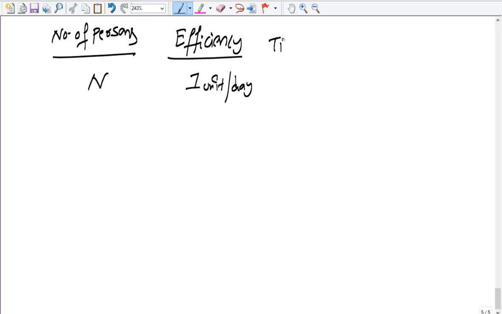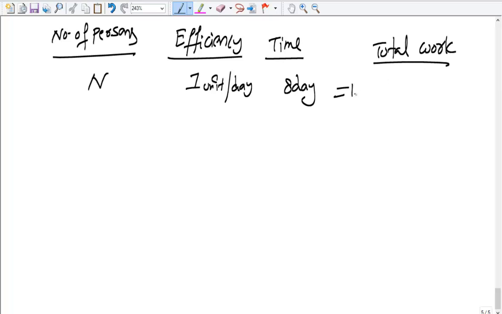Also the time taken by them to finish the task is given as 8 days, then it means the total work, since they finish 100% of the work, is 8n units. This is case 1.